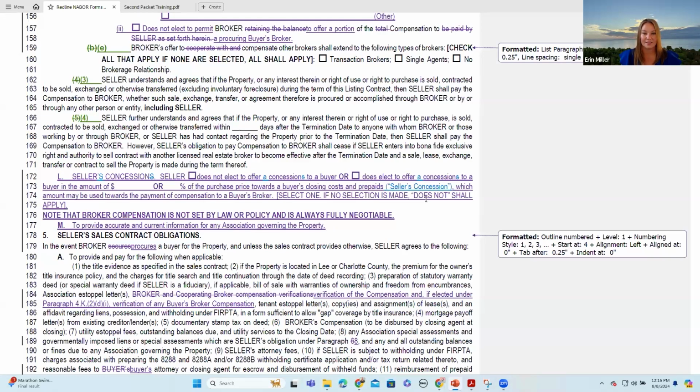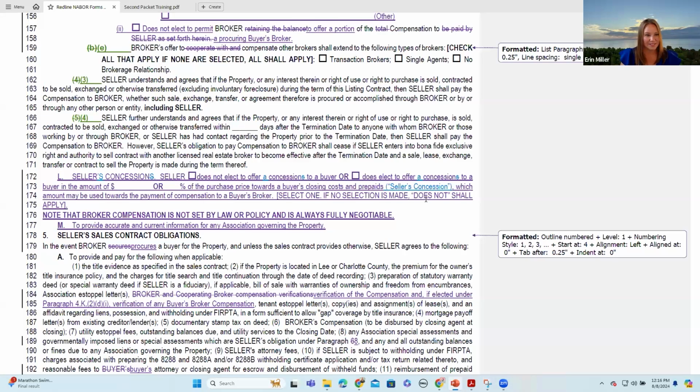And we've defined that again as a seller's concession, which amount may be used toward the payment of compensation to a buyer's broker. If no selection is made, then does not elect to offer concession to a buyer is what applies, right? So this section is new, offering a seller concession. If the seller wants to offer a credit to the buyer at closing for its closing costs and prepaids, we have an option for the seller to offer a concession or elect not to offer a concession.